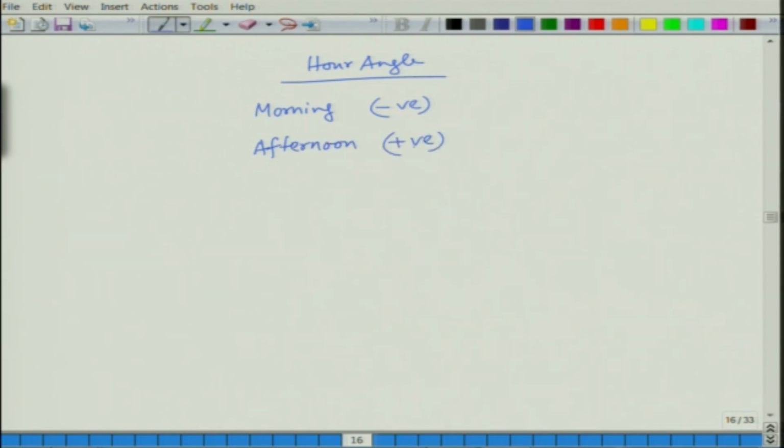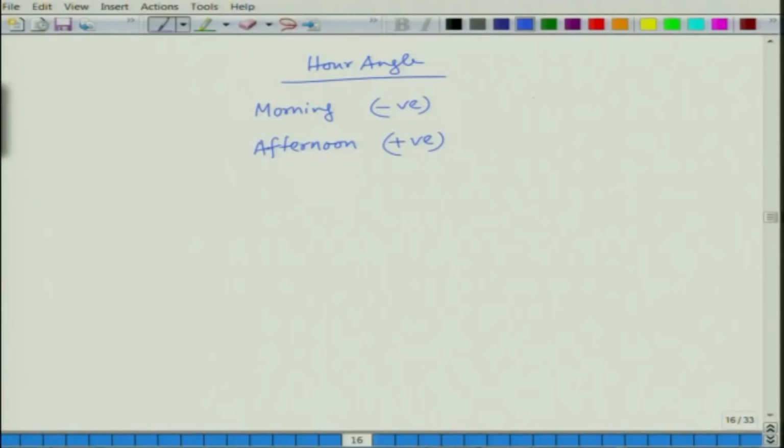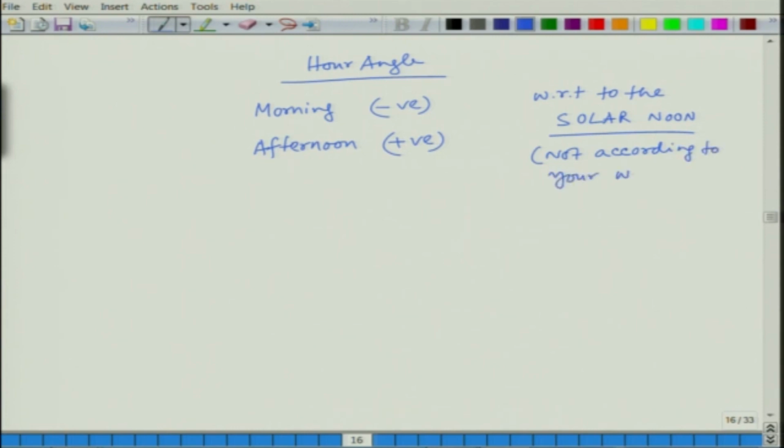And whenever we say morning, that means with respect to the solar noon, not according to your watch. That is a very important point you have to note.